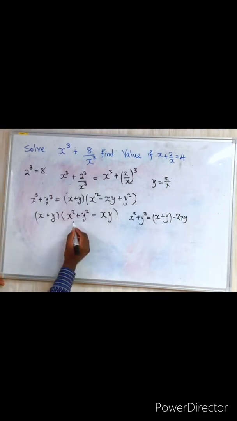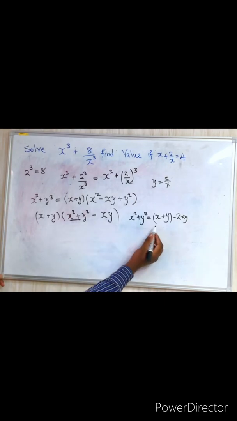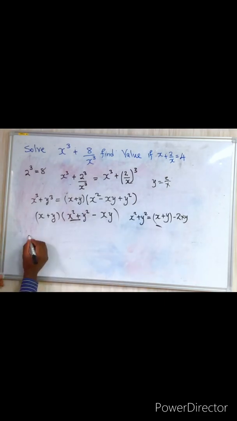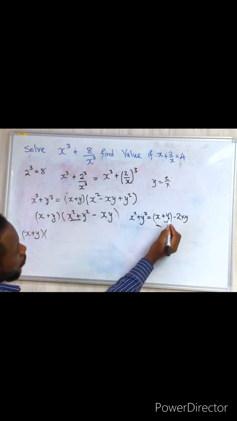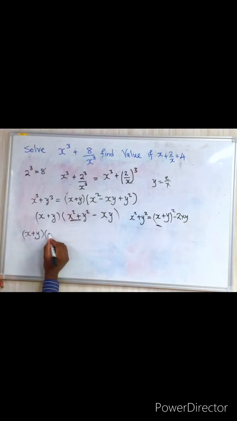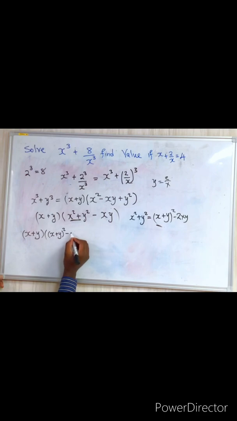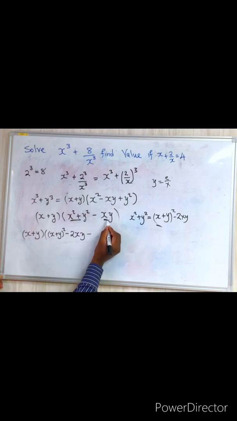Okay, so on these two we replace them with this. So what we have is x plus y in bracket multiply x plus y squared minus 2xy, then minus this remaining one, which is xy.